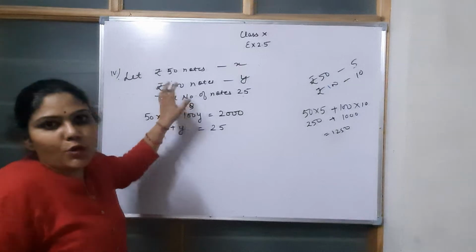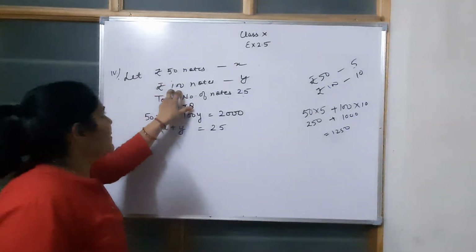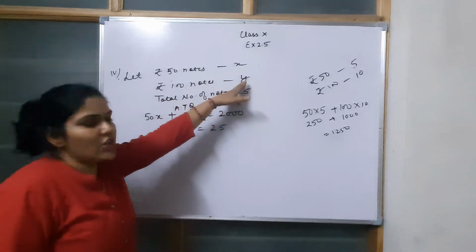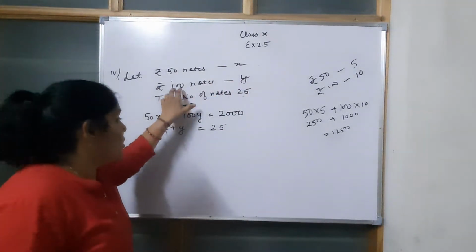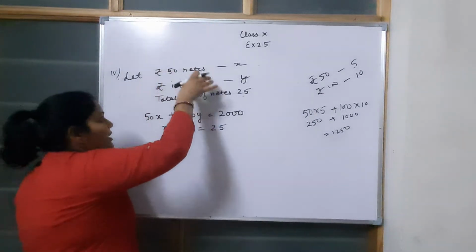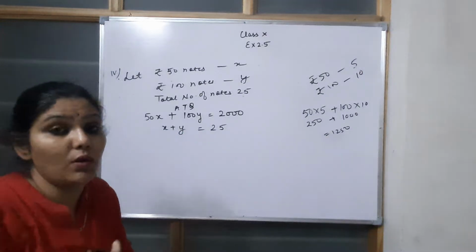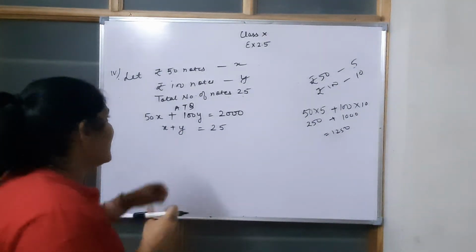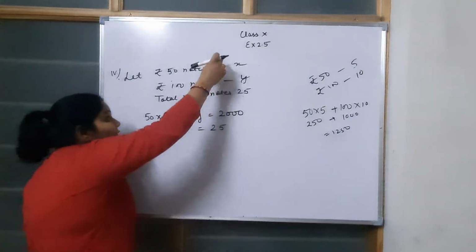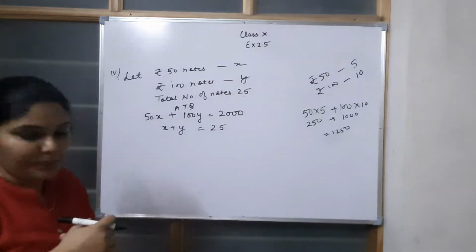For 100 rupees notes, she has Y, so the total money will be 100 into Y. The total money including 50 rupees and 100 rupees notes is 2000, as given in the question. And the total number of notes: X plus Y is equal to 25.